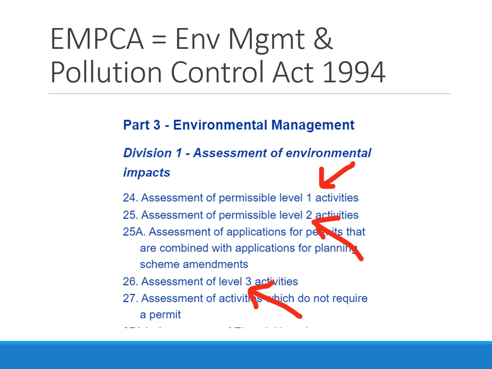I really want you to get your head around how level 1 works in particular in this unit, but also a little bit of level 2. So just know that a separate set of processes exist for really big developments, and all of the processes, no matter what size, are all written into law through the Act.